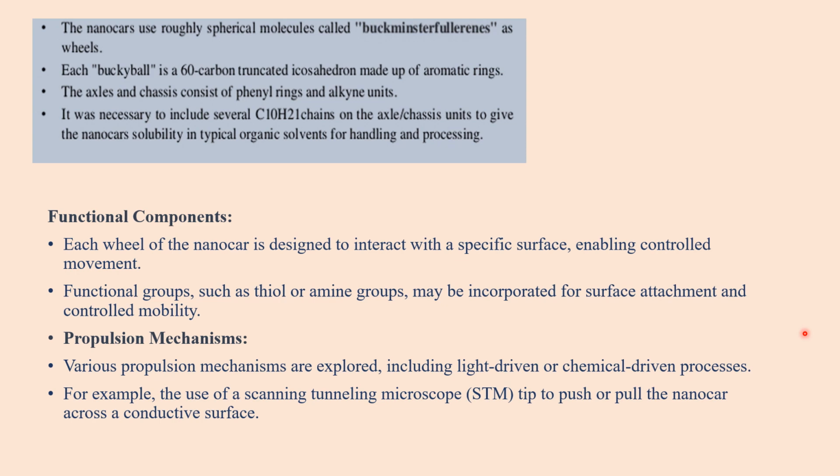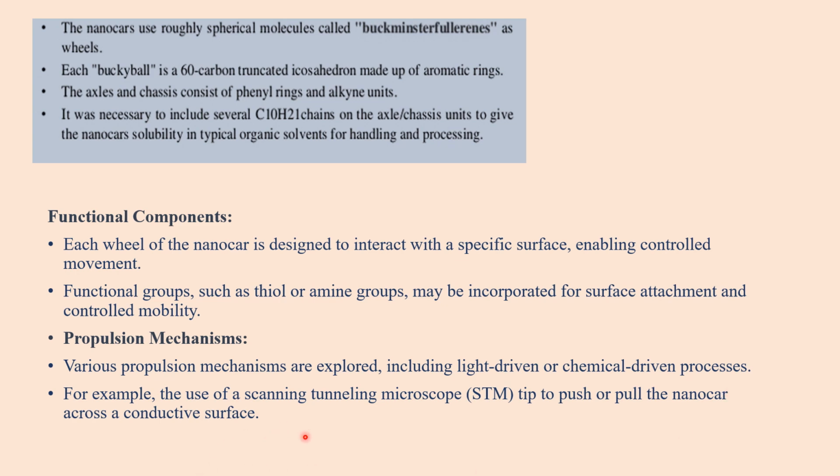The functional components in your nanocar: each wheel of the nanocar is designed to interact with a specific surface, enabling controlled movement. Functional groups such as thiol or amine groups may be incorporated for surface attachment and controlled mobility. As for propulsion mechanisms, various mechanisms are explored, including light-driven or chemical-driven processes.